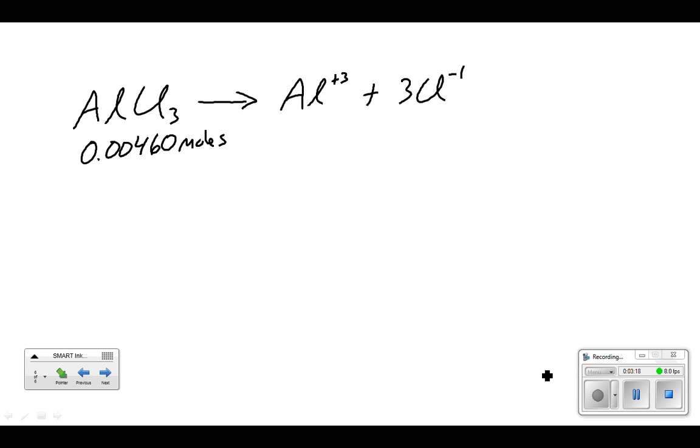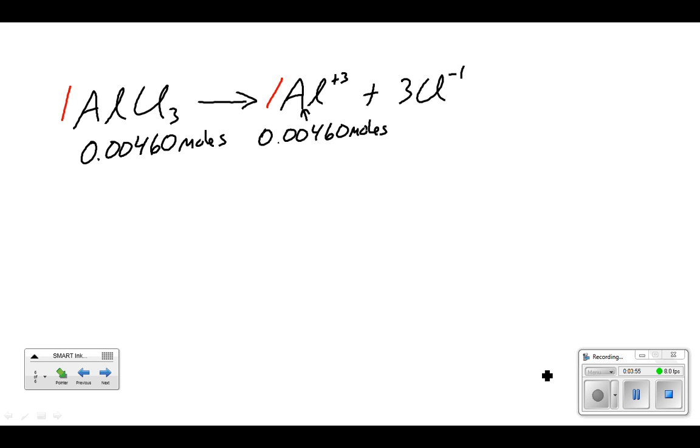So, according to the balanced equation, remembering that there are understood ones in front of aluminum chloride and aluminum, for every 1 aluminum chloride, we're going to get 1 aluminum. So if we have 0.0046 moles, we will have 0.00460 moles of aluminum. Okay, so that goes along with that one. But when we put aluminum chloride into the solution, we will get 3 chloride ions.